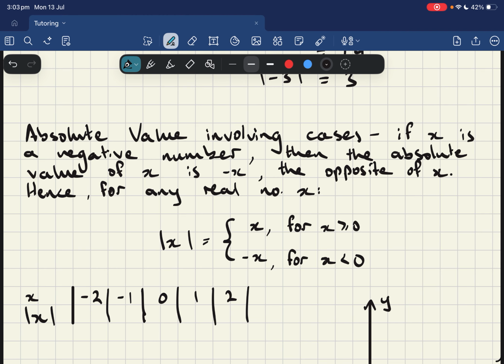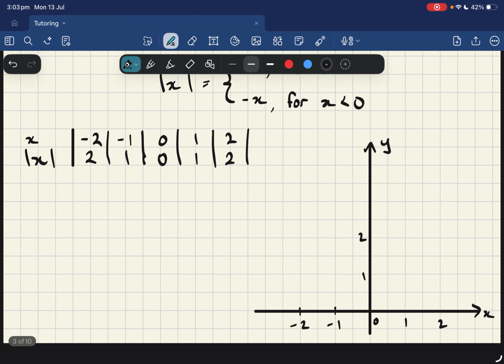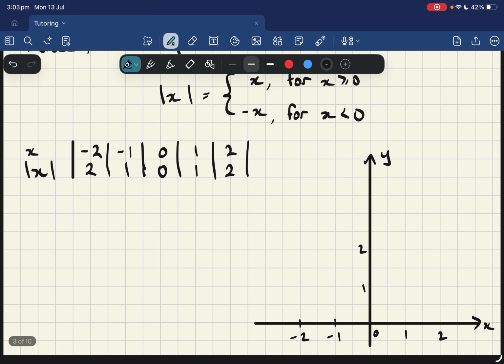But filling out this table of values, if we take the absolute value of -2, we are going to get +2 out. If we take the absolute value of -1, we get 1 out. Absolute value of 0 gives us 0, and the absolute value of 1 and 2 give us 1 and 2 respectively. So if we think of this on a Cartesian plane, because with all mathematical relationships, graphing it gives us an idea of how the relationship behaves.